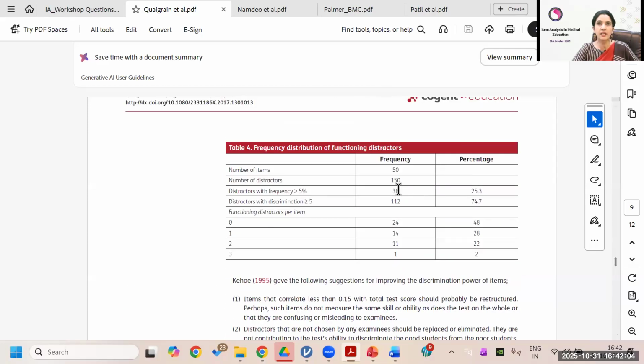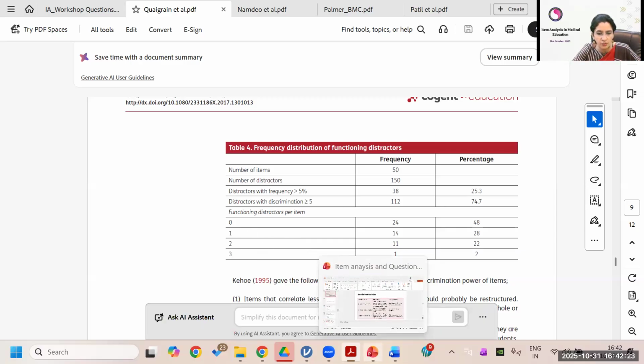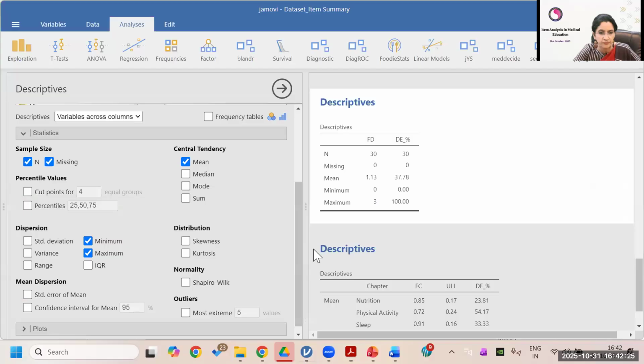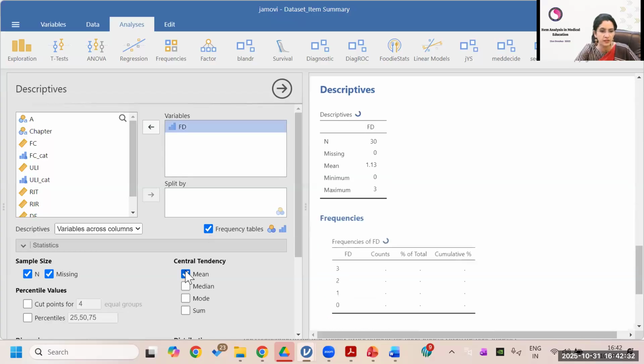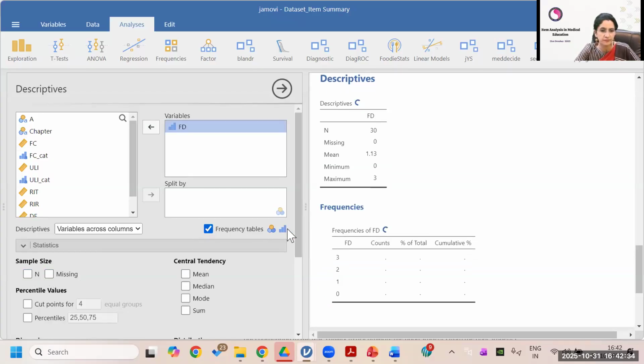And then they have written functioning distractor per item, like 0, 1, 2, 3. You can count from there, and then you can write it. Otherwise, if you go here to FD and make a frequency table of FD, I will uncheck this.